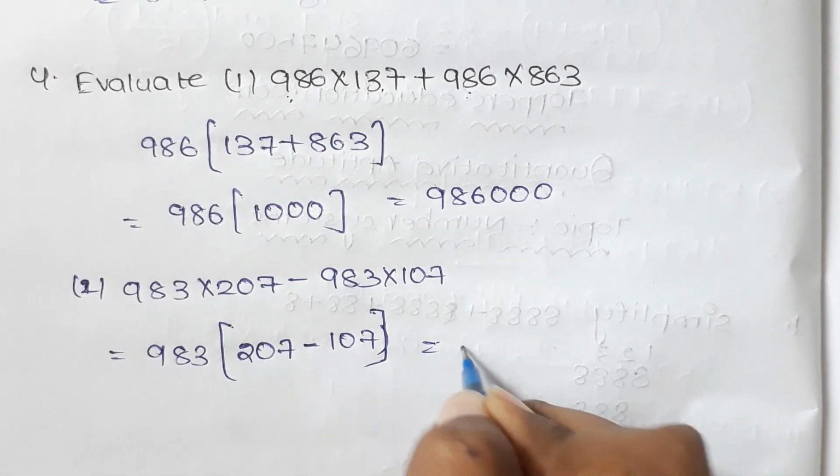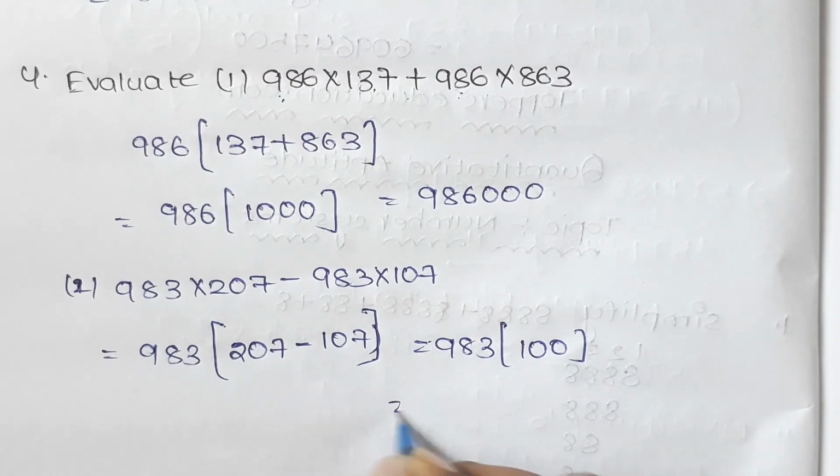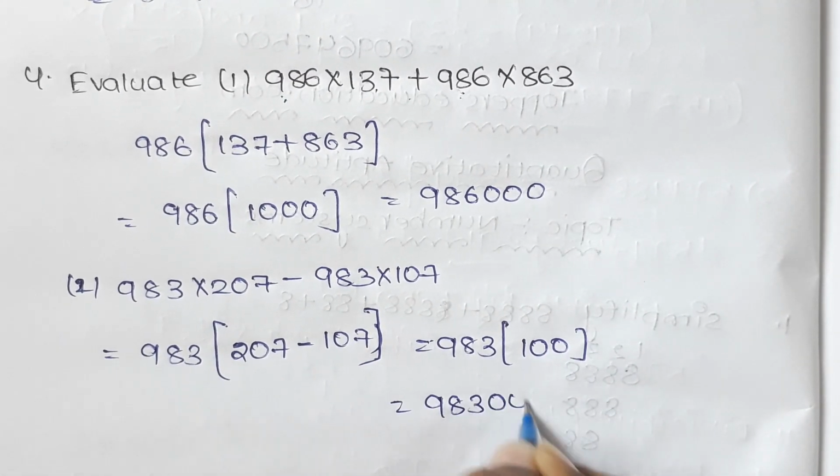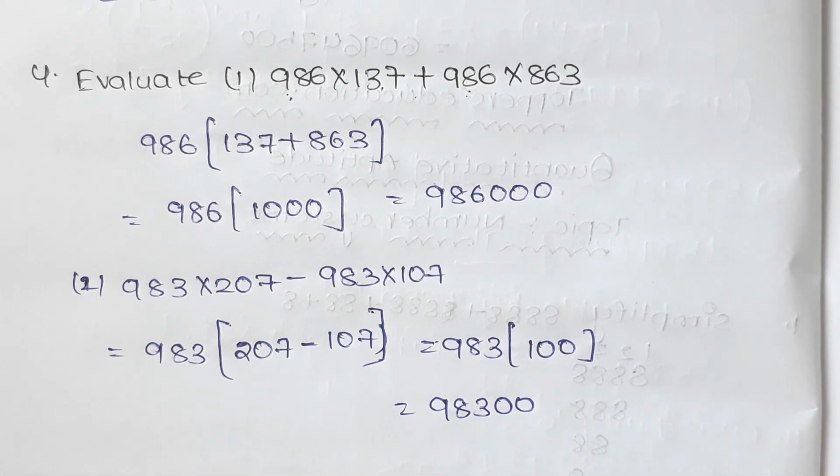Then we will get 983 into 100, that equals 98,300. And these are simple and easy processes to solve math problems easily and fast.